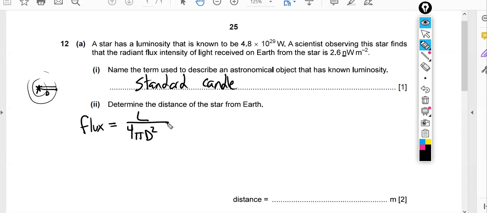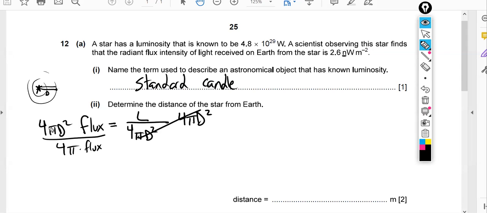So let's go ahead and rewrite this to make D the subject, because that's the thing that we're solving for. So the first thing I would do is multiply both sides by 4 pi d squared. And then divide both sides by 4 pi times the flux. From here on out, I'll just use the lowercase letter f for flux.